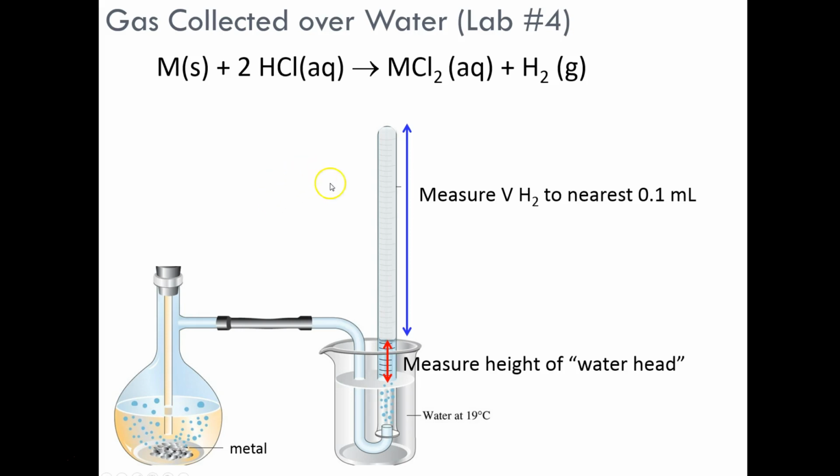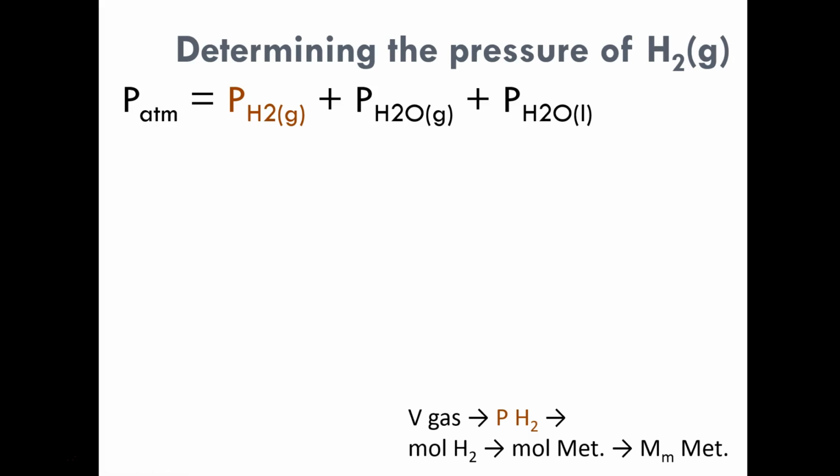The atmospheric pressure is pushing down on this water. Everything else in this tube is pushing back. So the pressure created in this tube is equal to the atmospheric pressure, because this volume is not changing. That's what this equation is saying.